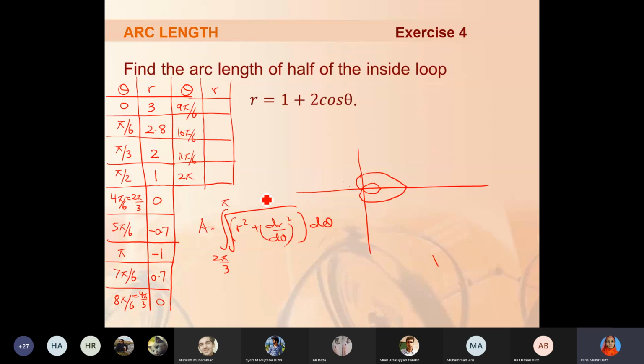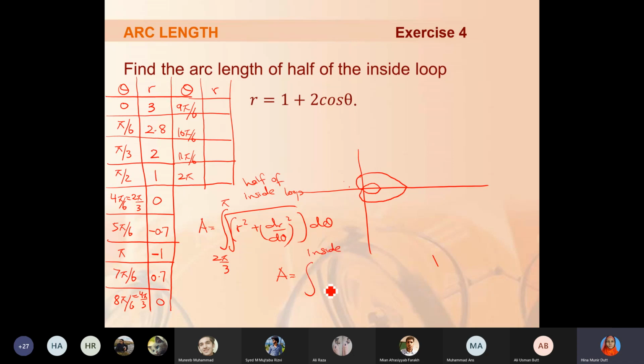This is for the half of the inside loop.